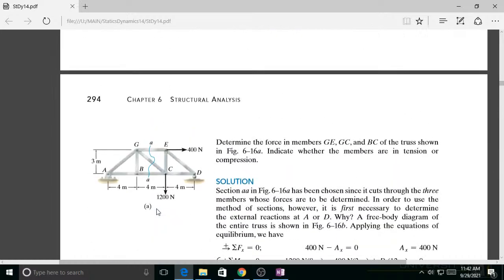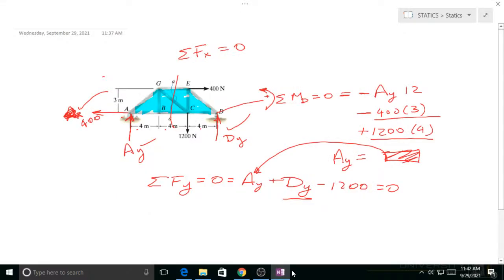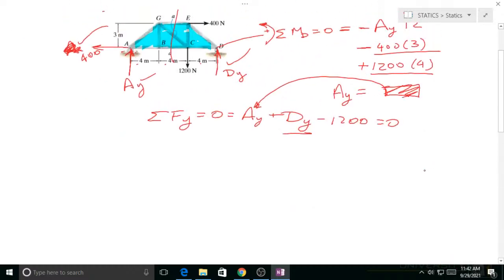Now, the thing is if this thing was hanging and I could slice it so that I didn't need to find that. Here's a typical case. Let's say we alter this and we have a different truss. Let's say our truss looked like this.